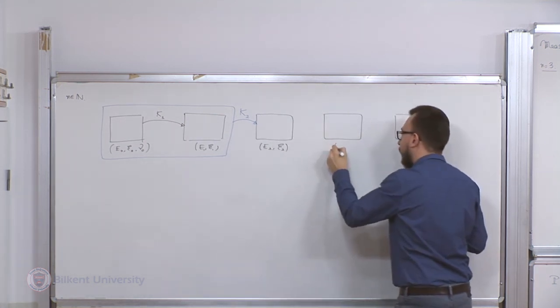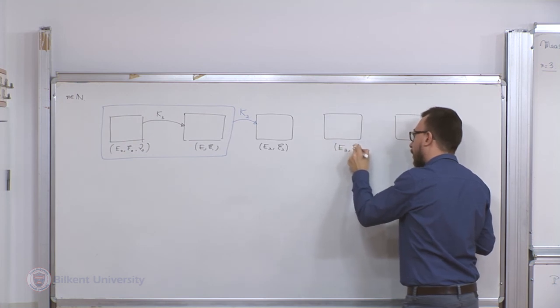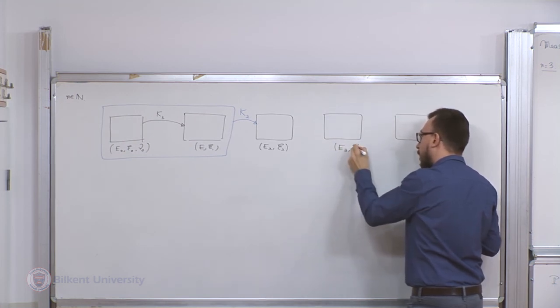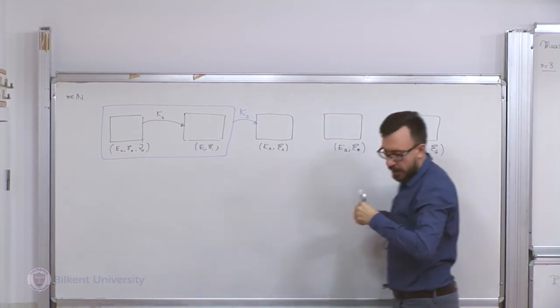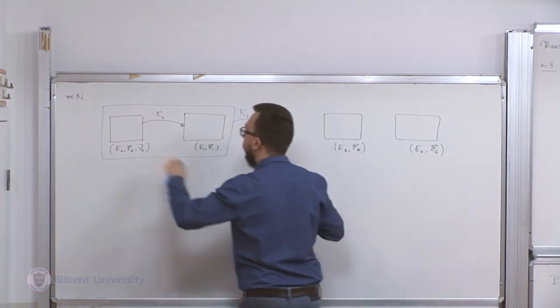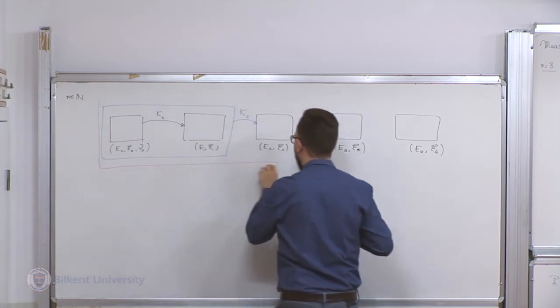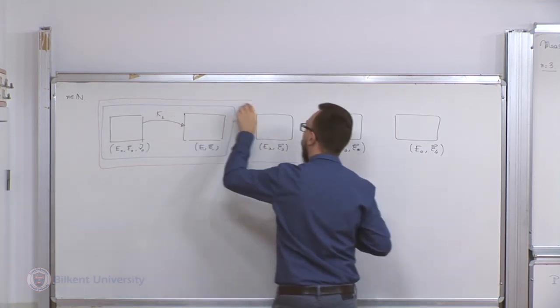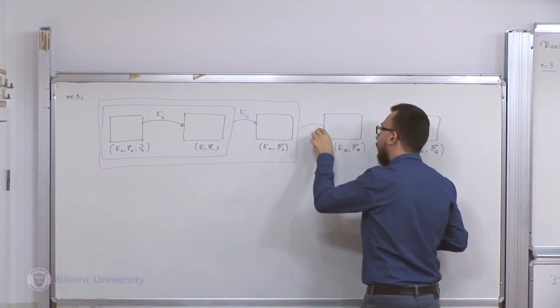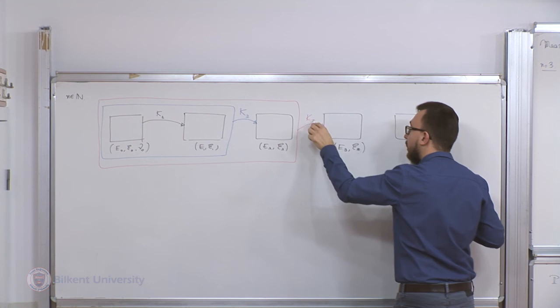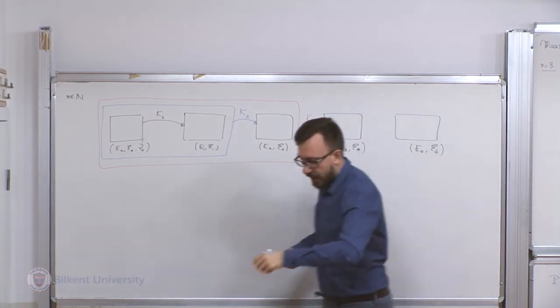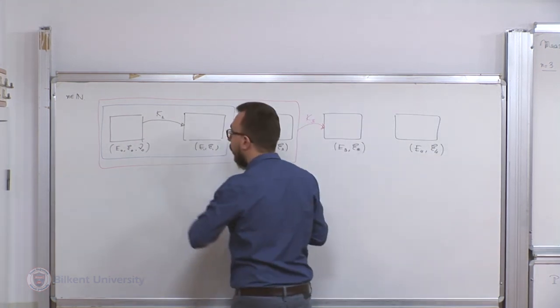And this one is E3, E4. Okay? So now this is going to be a kernel from the product of the first three spaces. So it's a very general construction of a measure on a product space. So this is K3. And finally, this is K4.